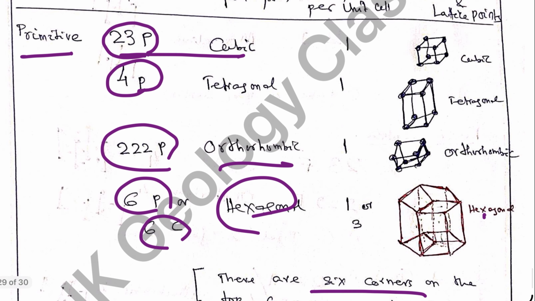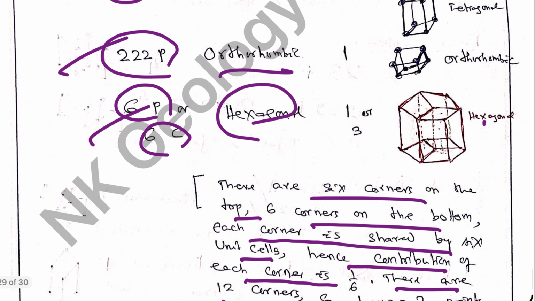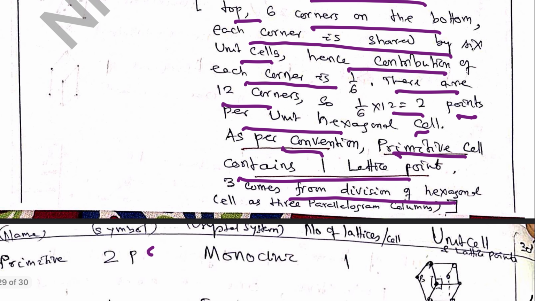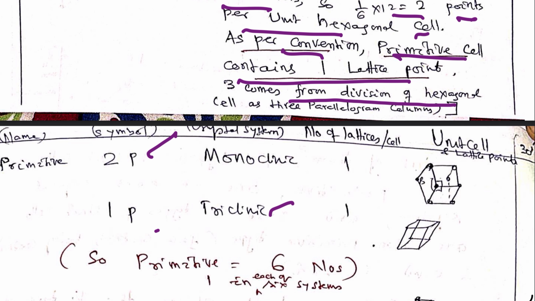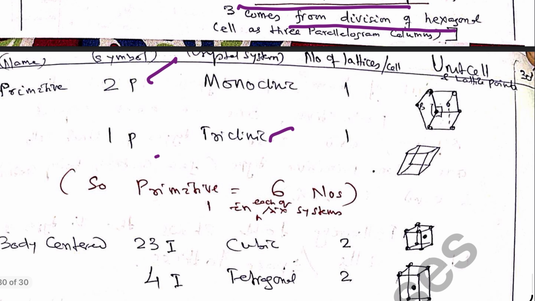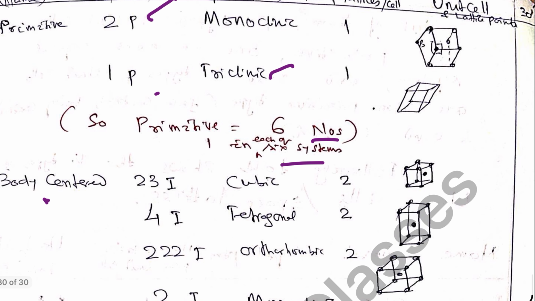So this is cubic primitive, tetragonal primitive, orthorhombic primitive, hexagonal primitive. Then we have the monoclinic primitive and triclinic primitive. 2p is representing monoclinic primitive, 1p is representing triclinic primitive. So 6 primitive cells. Then body centered.